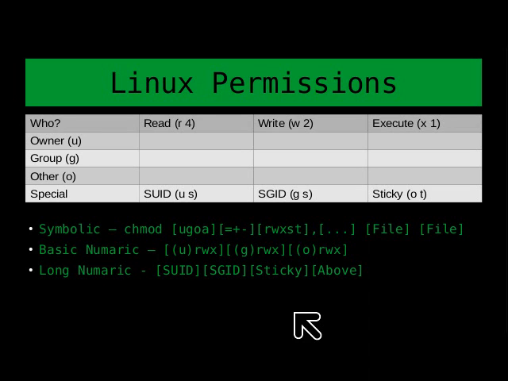Being that not everything can support each one of those, it doesn't really make sense to make that a 7. If you get a 7 out of that, check what you're doing. Group ID applies to executables and it applies to directories. Sticky applies to directories only, and set user ID is only for executables.